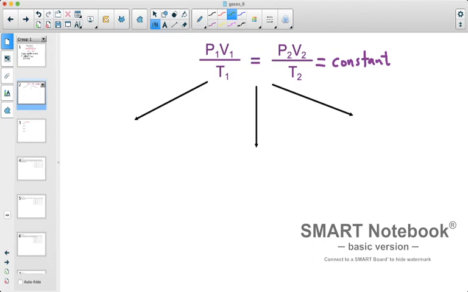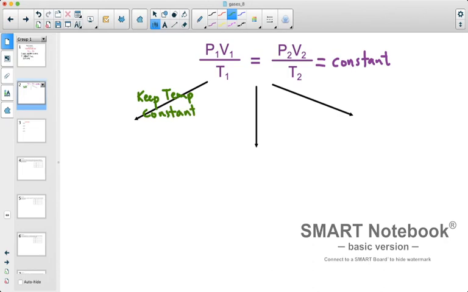Because we want to look at the relationship between two variables, let's get rid of temperature. So we're going to keep temperature constant. When we keep temperature constant, it's almost like we can get rid of it in the equation.